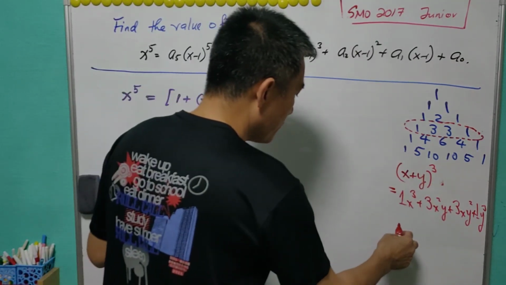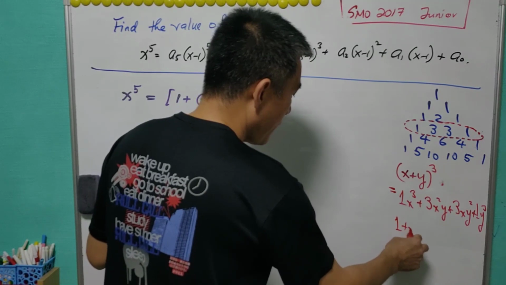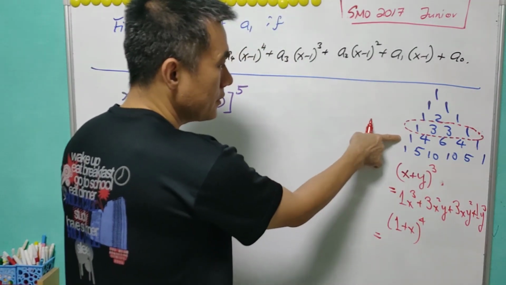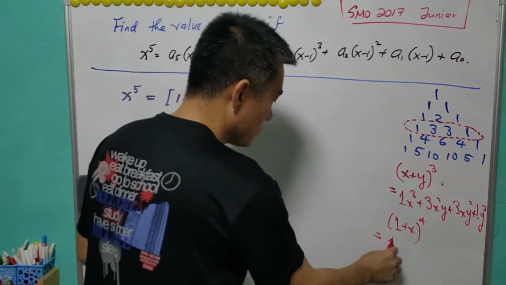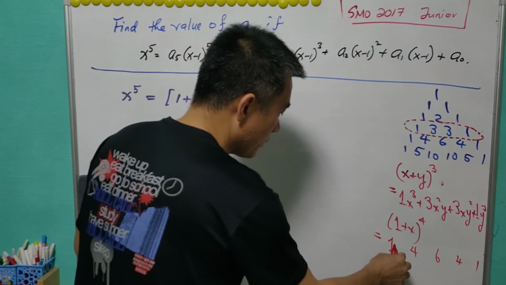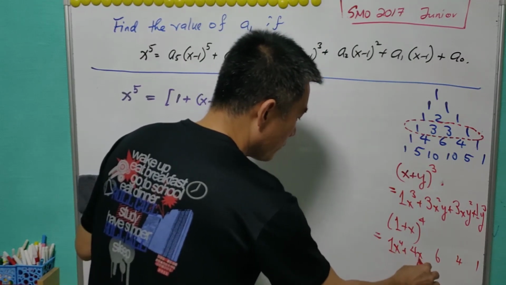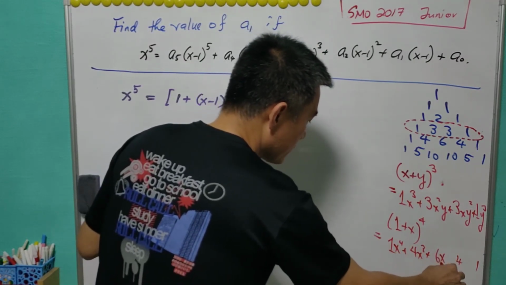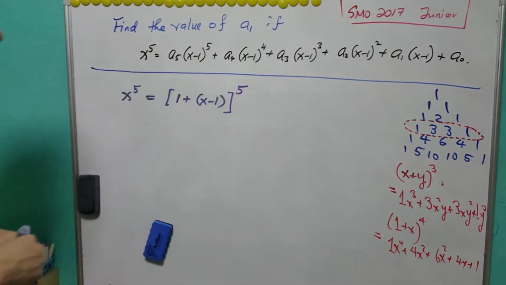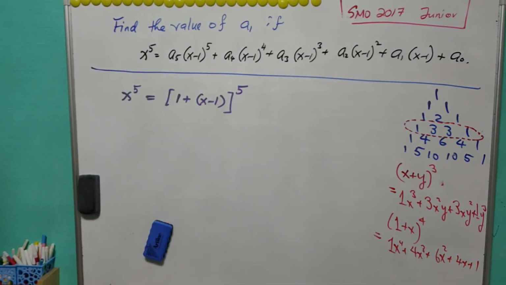So say for example, (1+x)^4. Then we look at this row, 1, 4, 6, 4, 1. It will be 1x^4 plus 4x^3 plus 6x^2 plus 4x plus 1. So this is the binomial expansion.